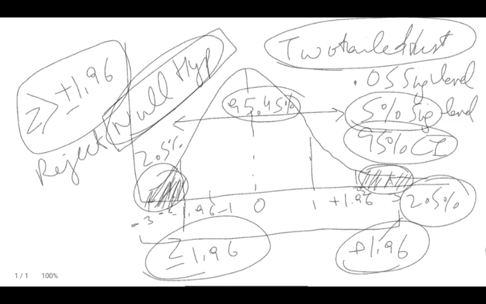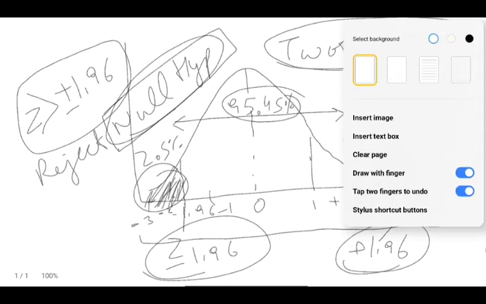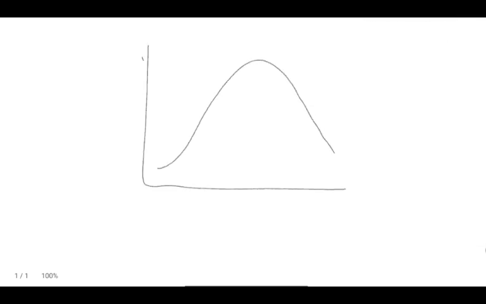What happens in case of a one-tailed test is this rejection region. In case of a one-tailed test, we specify the direction. Increase in coffee intake increases the blood pressure. Say this is our hypothesis, and the null hypothesis is increase in coffee intake does not increase the blood pressure.